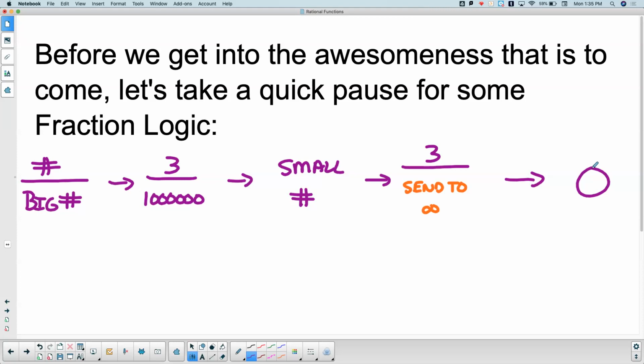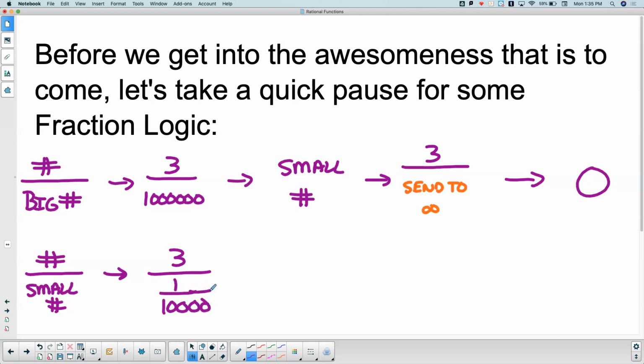Let's flip it around now. What if I have some number and I divide it by a really small number? For instance, if I said 3 divided by 1/10,000th.